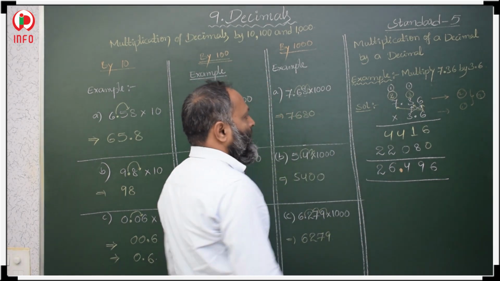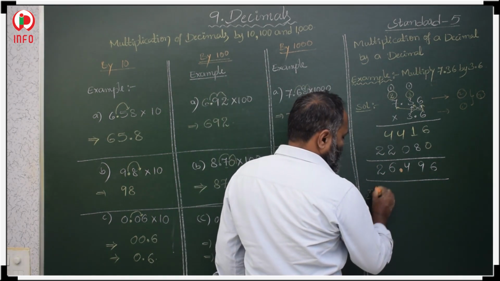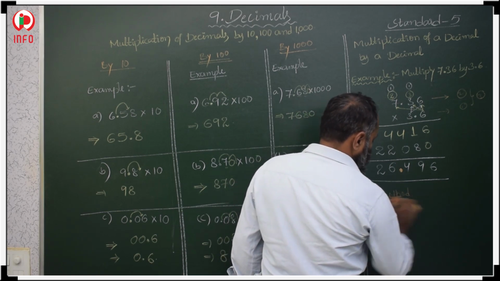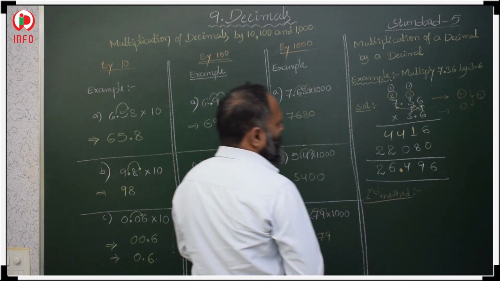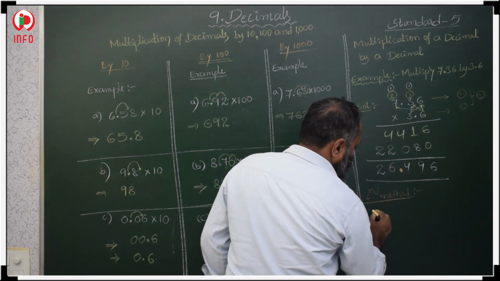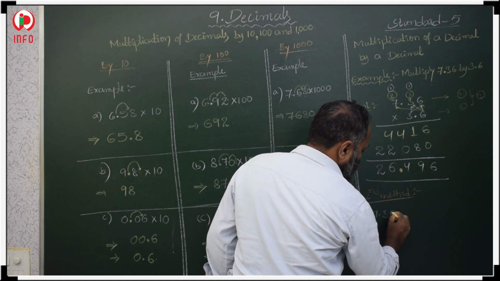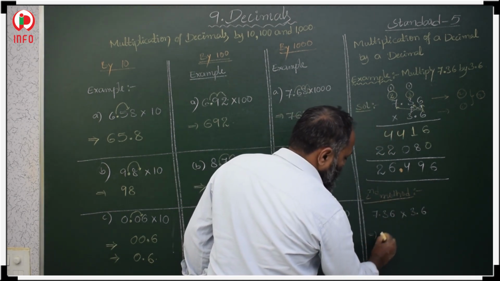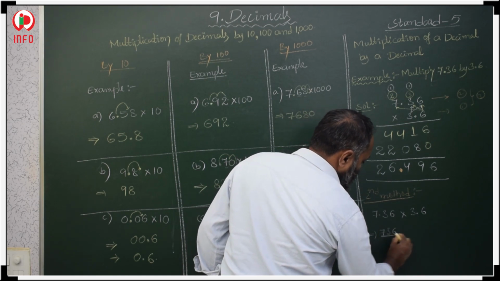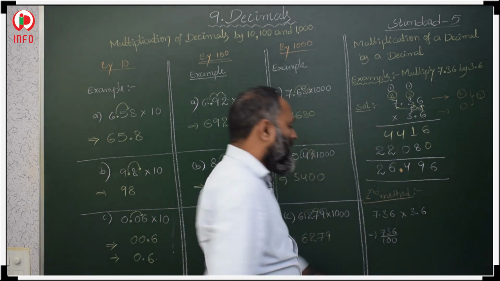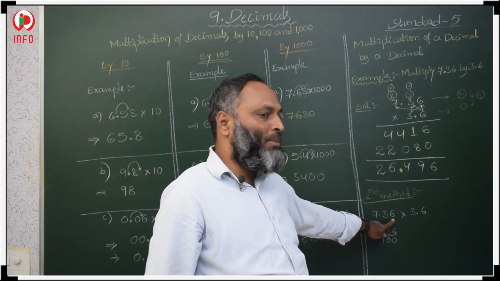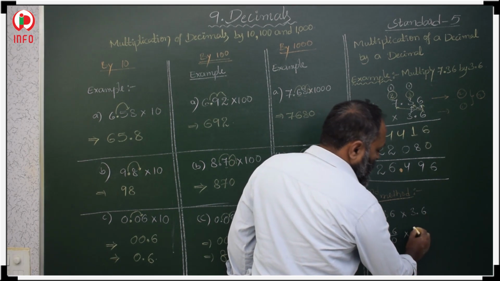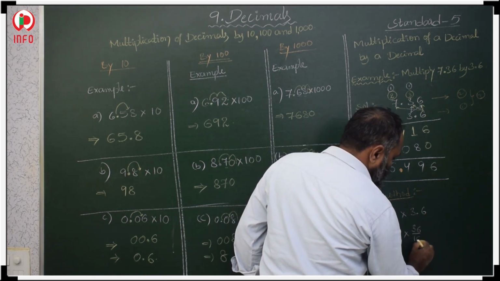This is our method. One more method is there, the second method, if you want to follow. 7.36 into 3.6. 7.36 means 736 by 100, because after 2 digits it is the hundredths place. Here it is tenths only, that is 36 by 10.